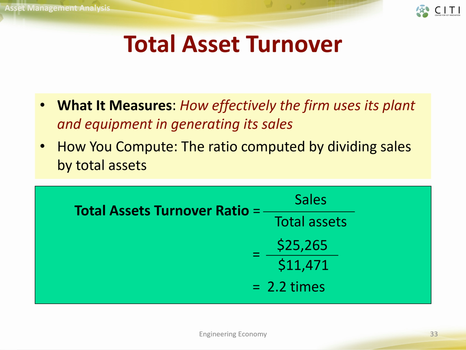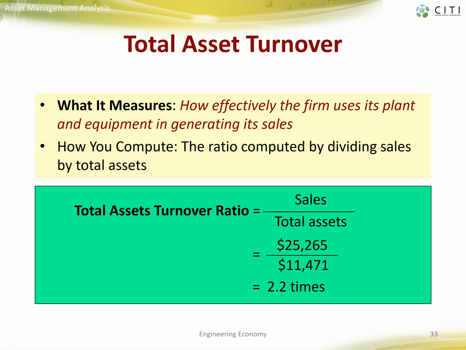And also something like total asset turnover. Again, you don't want to hold too much asset to create sales. You want to reduce it. So again, the ratio should be the bigger the better, just like the inventory turnover ratio.